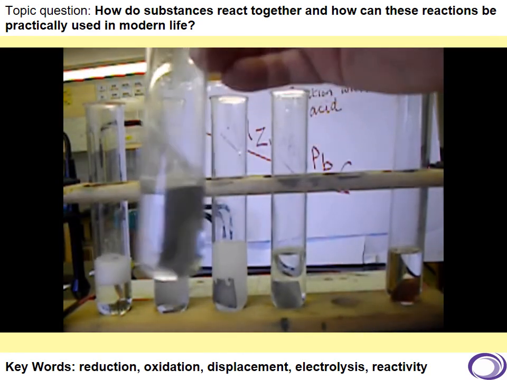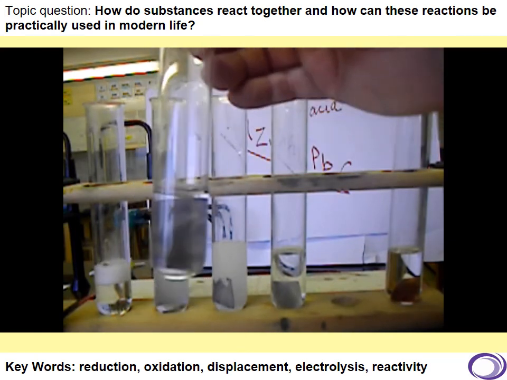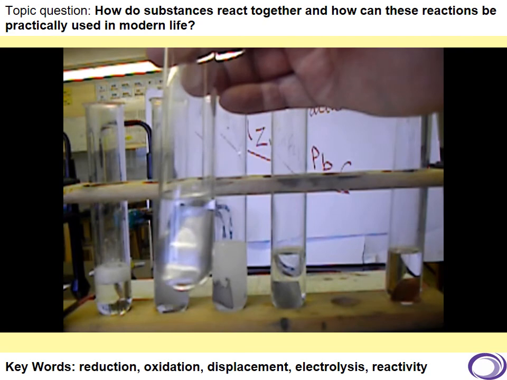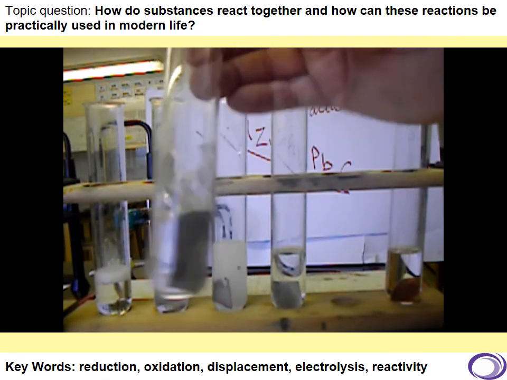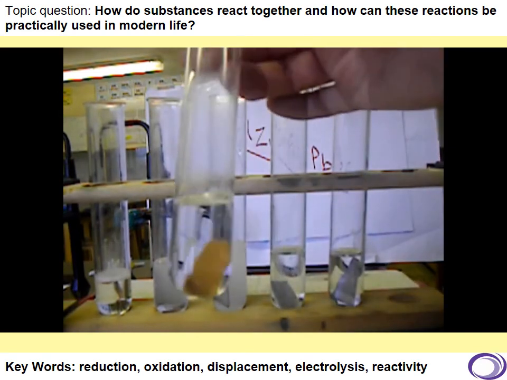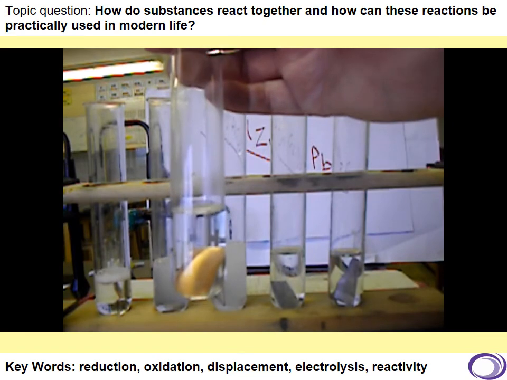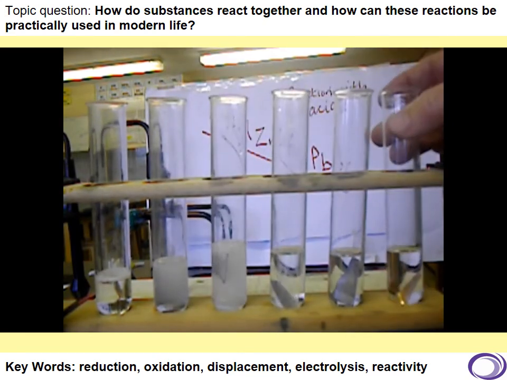With the lead, we just get the very occasional bubble produced, and I would award that a score of much less than 1, perhaps something like about 0.0001, a very low score but not 0. Copper has absolutely no reaction, no bubbles being formed, so I would award that a score of 0.